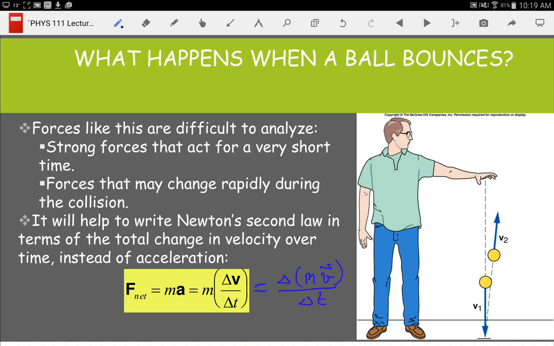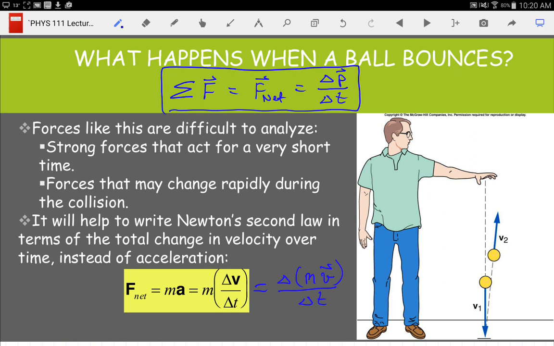Well, the correct form is a differential equation. But the most correct you're going to do without calculus, the sum of the forces, or as written here, force net, is equal to the change in momentum divided by the change in time. That's actually the most correct, without using calculus, form of Newton's second law. The mass times acceleration is only true if the mass is constant, which for all of our cases is true.